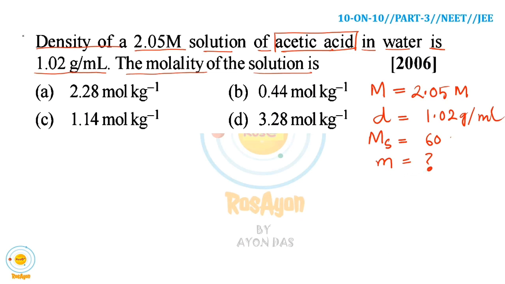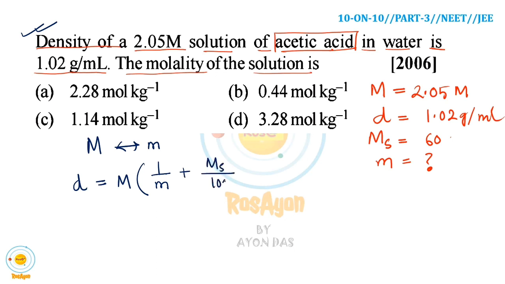Now if you want to calculate this type of problem conceptually, it becomes very lengthy. So now I will give you a short formula. By applying this formula, you can calculate this type of problem where molarity and molality are interrelated. You can solve this type of problem very easily. Now see the formula. Here the formula is density D equals molarity M into 1 divided by molality plus molecular weight of solute divided by 1000.